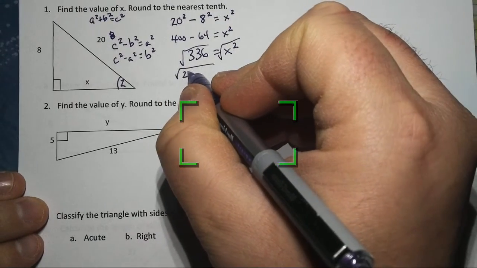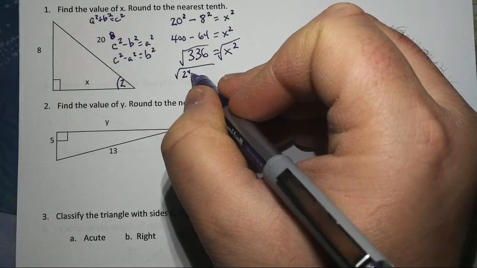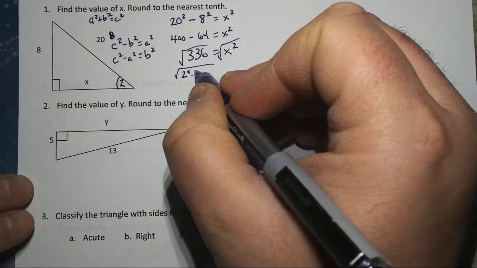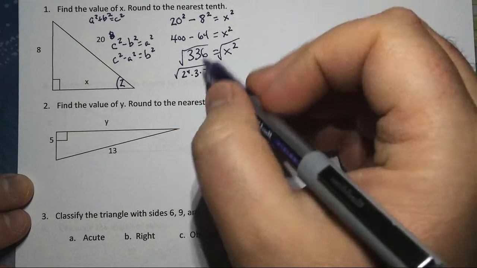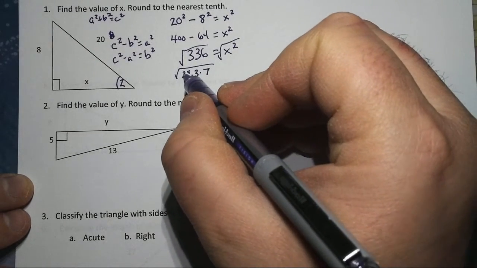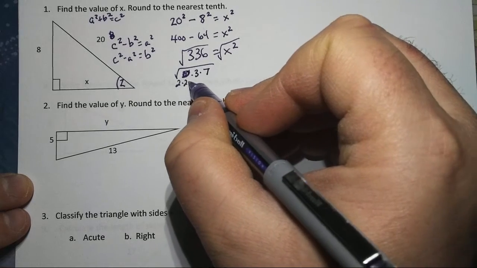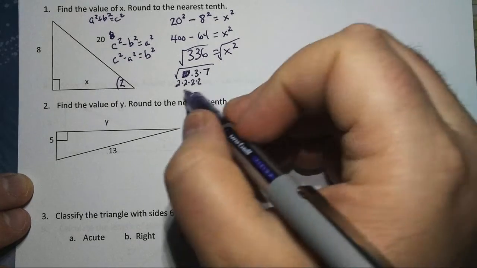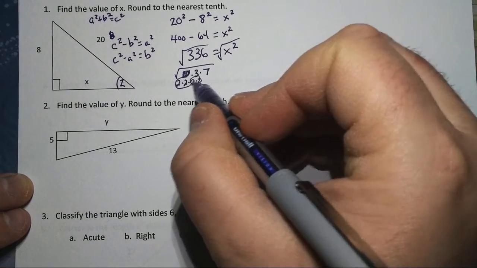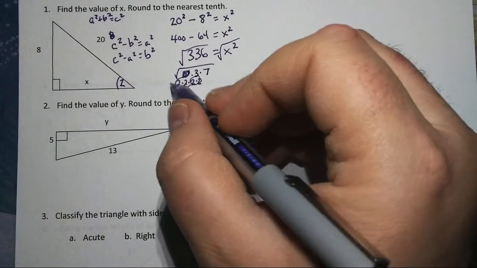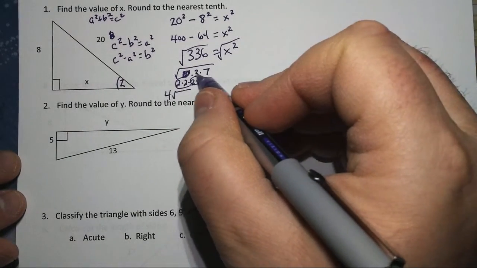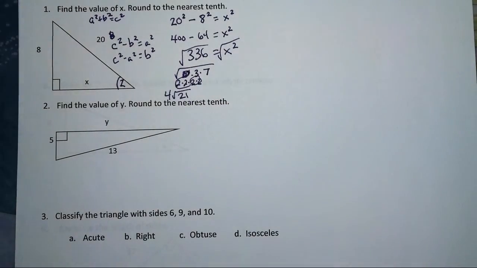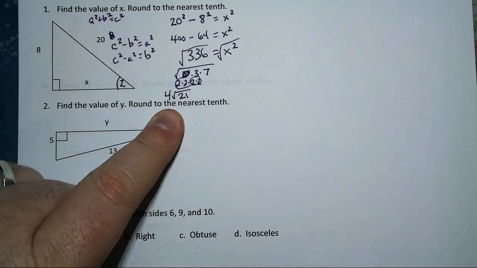In this case, they are 2 to the 4th times 3 times 7. This 2 to the 4th is really four 2s, so 2 times 2 times 2 times 2, 3, and 7. These 2s are going to come out. This is how you do simplest radical form. You're going to get 4, and inside is 3 and 7, so that's really just 4 radical 21. So that's simplest radical form.